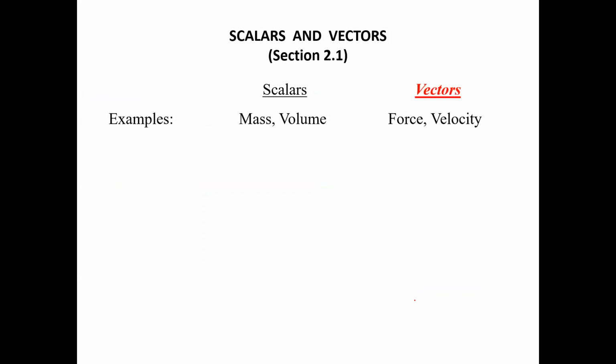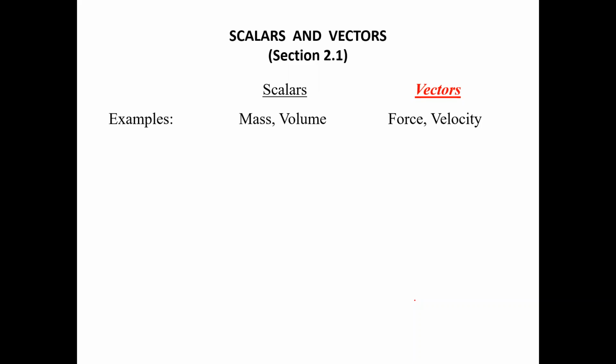All right. So as we discussed earlier in today's lecture, the difference between scalars and vectors. Section 2.1 of your book, we have scalars, we have vectors, right? Scalar quantities, vector quantities. Again, scalar is just a number. Vector is a number with some direction, magnitude with some direction, right?